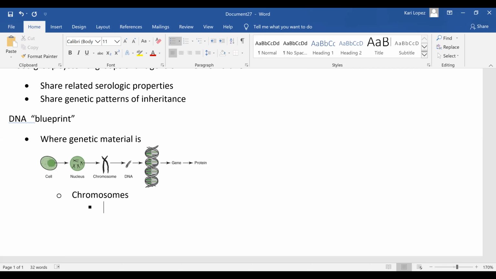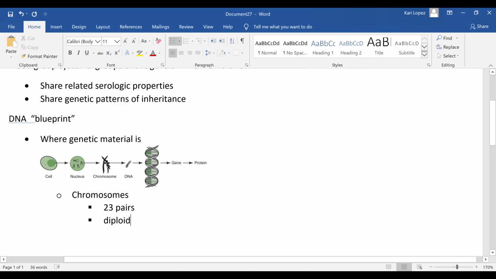There are 23 pairs. And how do you get your pairs of chromosomes? You get 23 from mom and 23 from dad. So that's where you get your pairs from, leaving 46 total.